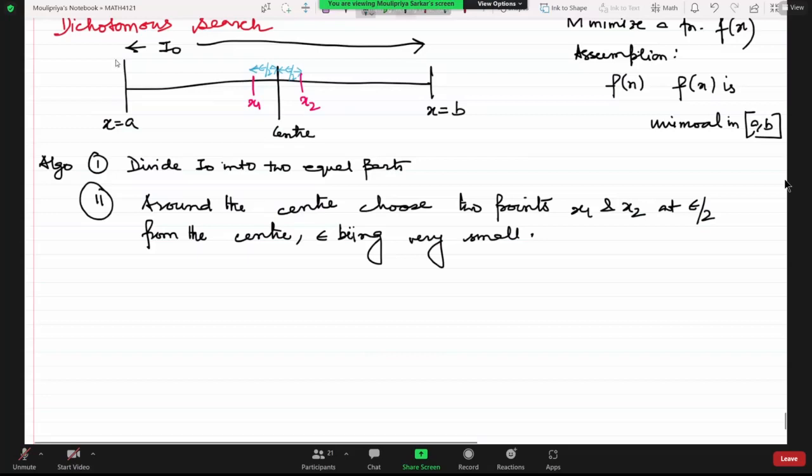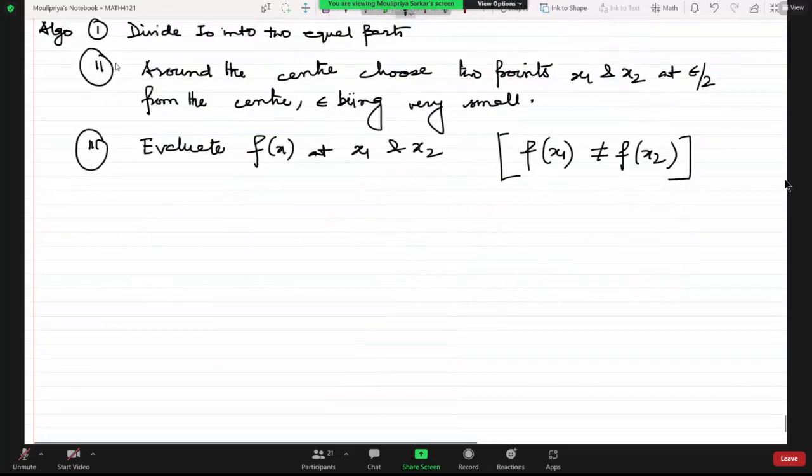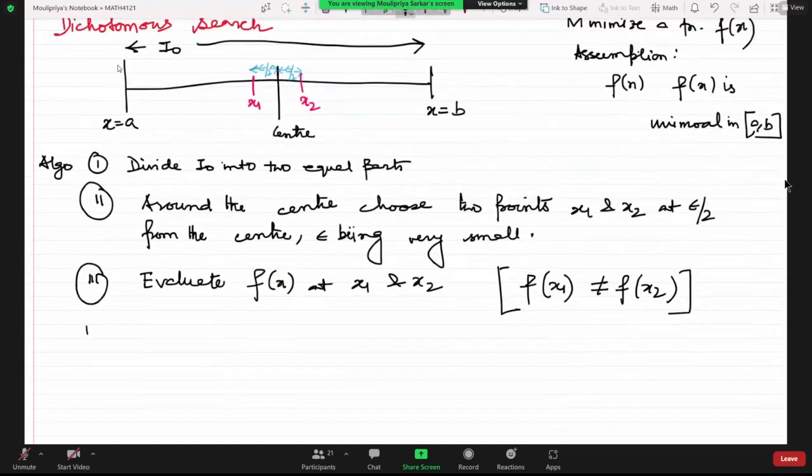Okay. Now what we do is, we are going to evaluate fx at x1 and x2. And let us consider that the case is not trivial. That is, let us consider f of x1 is not equal to f of x2, just to make you understand the algorithm. So once we evaluate fx at x1 and x2, we will be getting two different values.